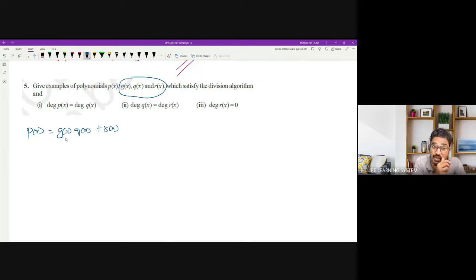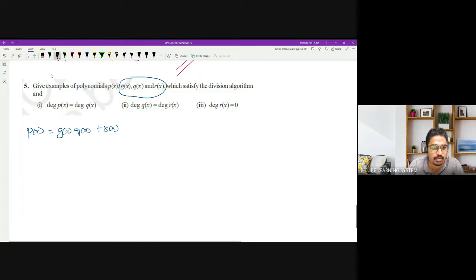The first question: we have to find an example such that the degree of p of x and the degree of q of x are equal. It is very easy. Suppose x square plus 8x plus 16. The degrees of p of x and q of x should be the same.